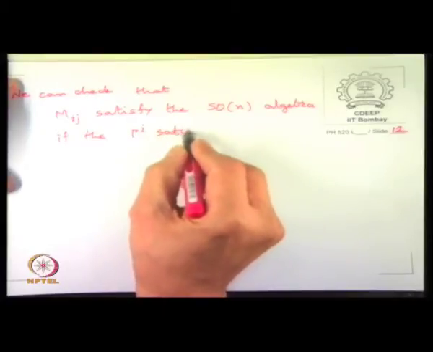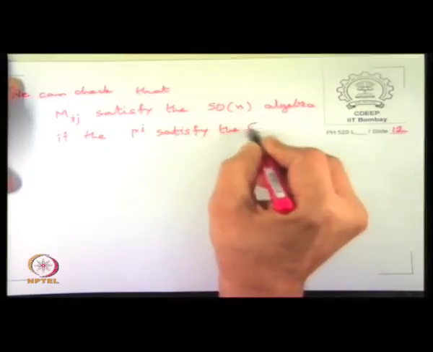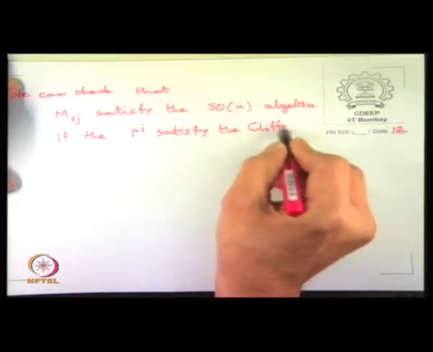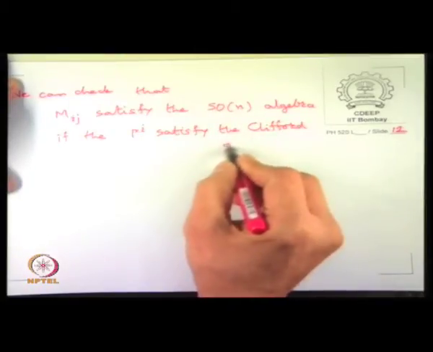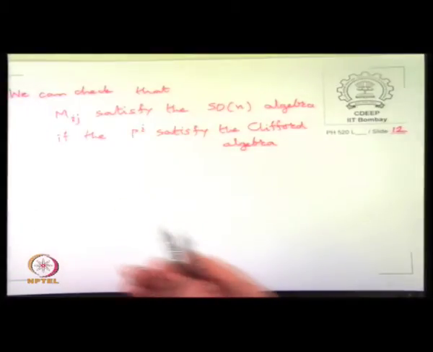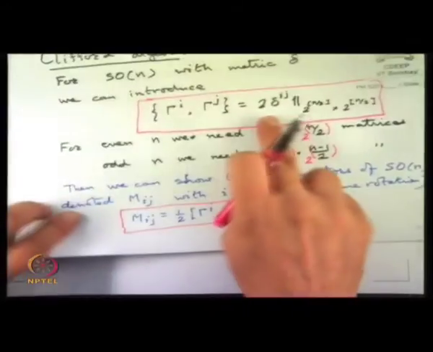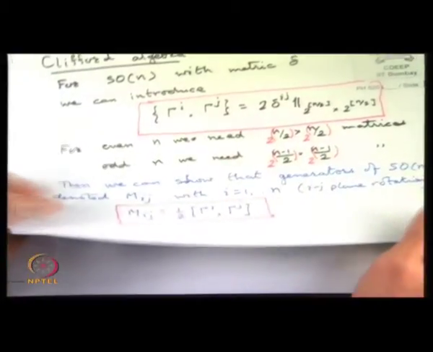Satisfy the Clifford algebra. So what Dirac had stumbled on was the Clifford algebra of the Lorentz group. Of course, with the big change that it was not delta ij but eta ij. So there are quite a few changes there, relative signs, minus signs and so on.